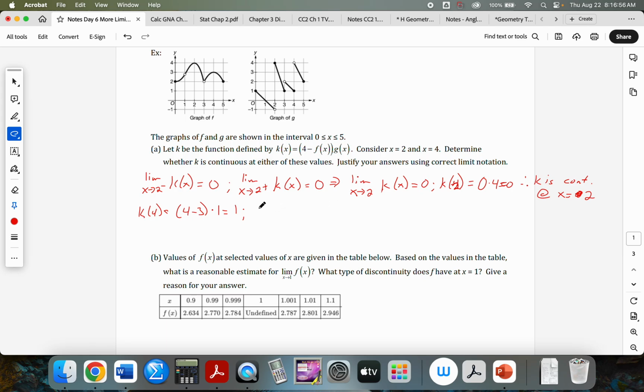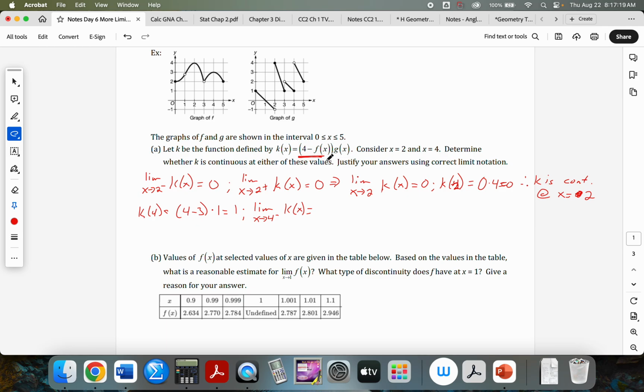All right, so then let's look at the left and the right-hand limits. The limit as x approaches 4 from the left of k of x. As we approach 4, this value approaches 3, so this first part is going to be 1.